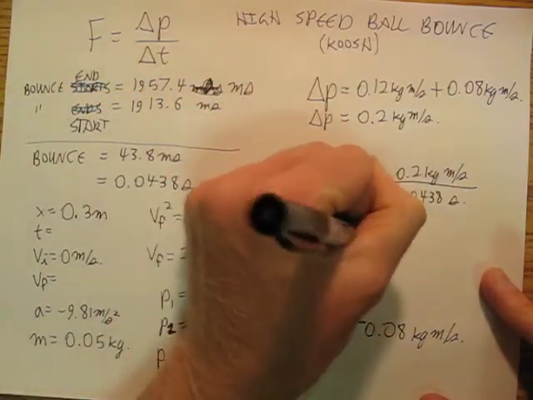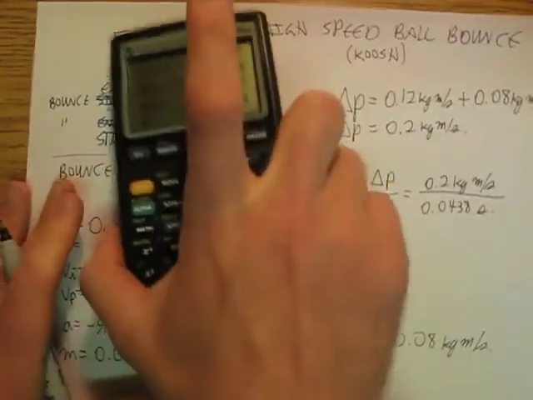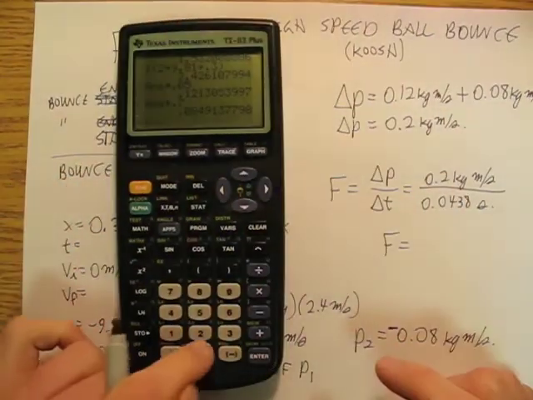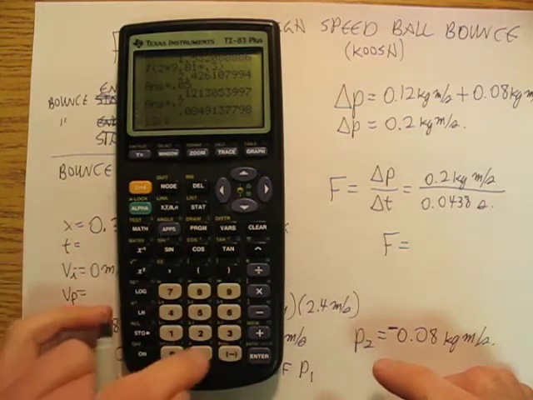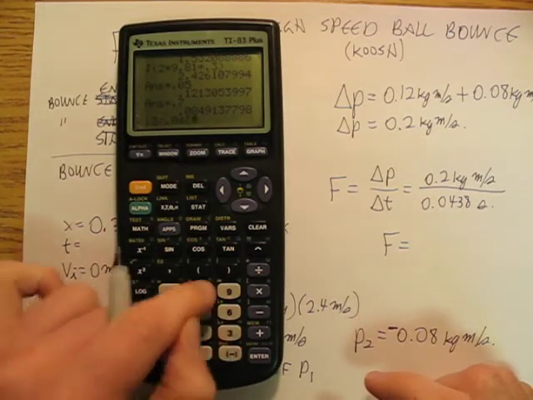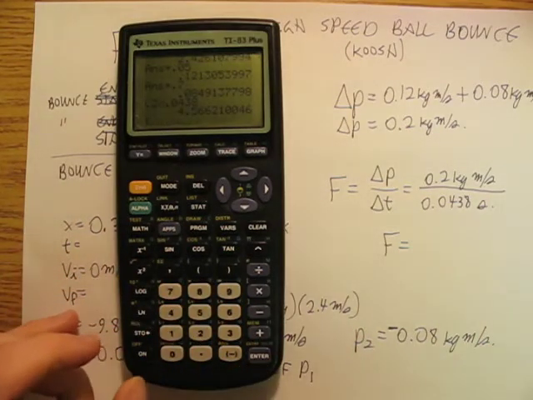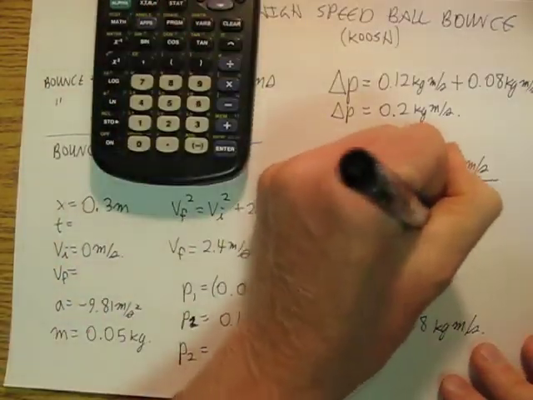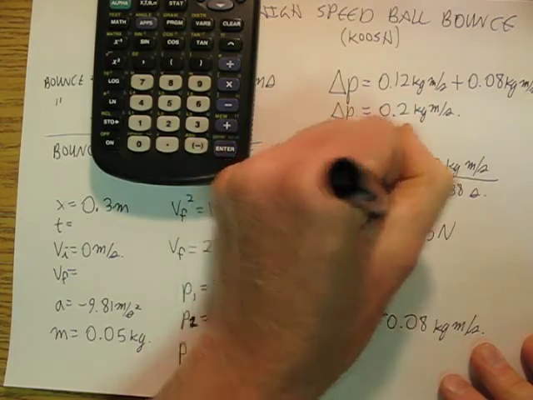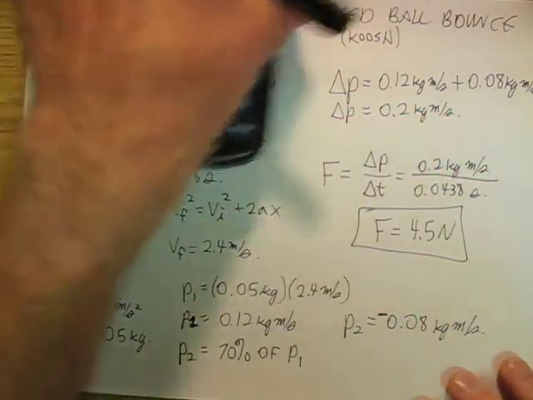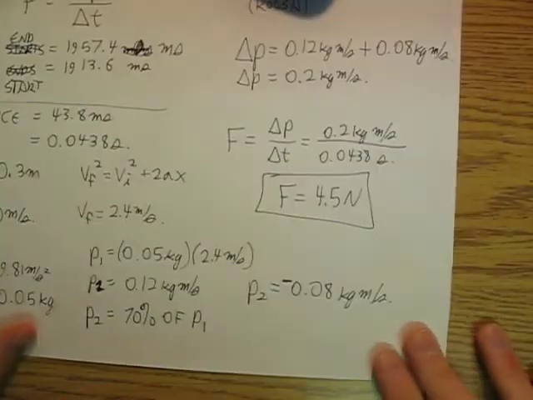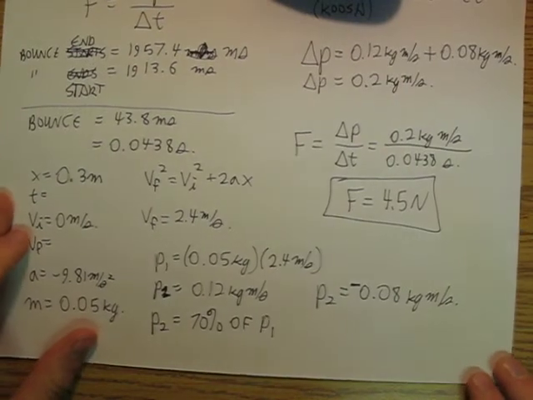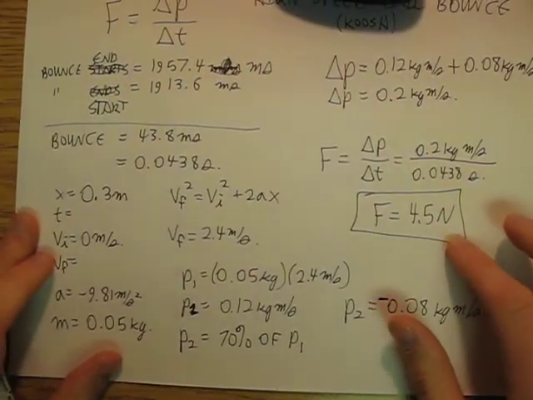And so my force is going to be, I'm going to say 4.5 newtons. So the average force that that ball had when it struck was 4.5 newtons.